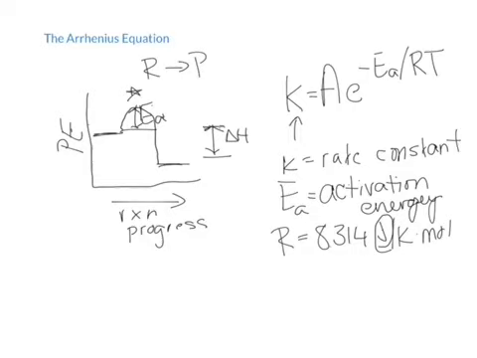Because we're dealing with energy. T is our temperature in Kelvin, of course. Okay, and A is what's called the frequency factor. Okay, so this essentially represents how many collisions are happening. So this is just our frequency factor in the equation.